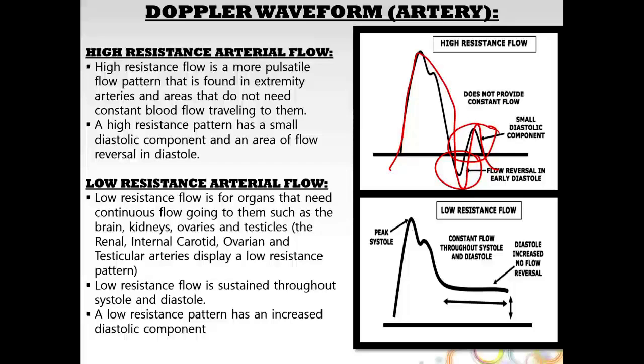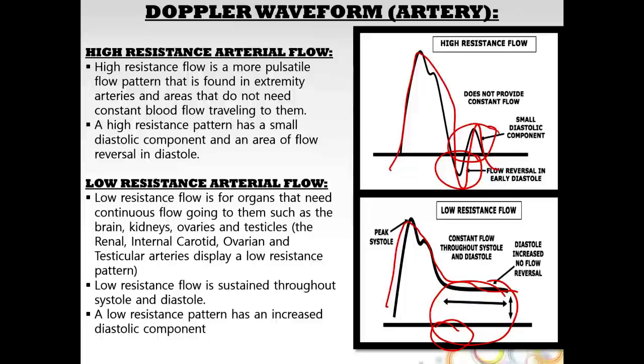Low resistance arterial flow, this is our low resistance flow right here, has a large diastolic component, and there's no flow reversal in early diastole. Low resistance flow is for organs that have to have continuous flow going to them. So this is the brain, the kidneys, ovaries, testicles, that kind of thing.